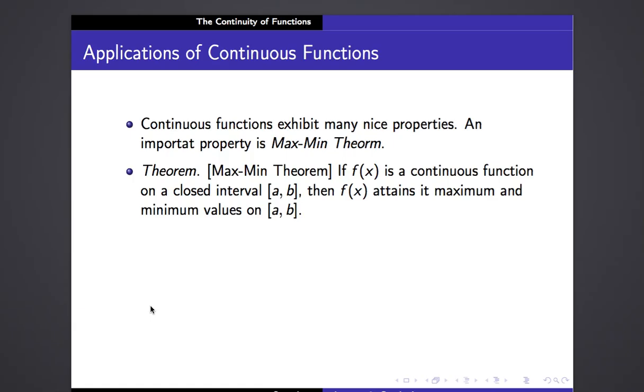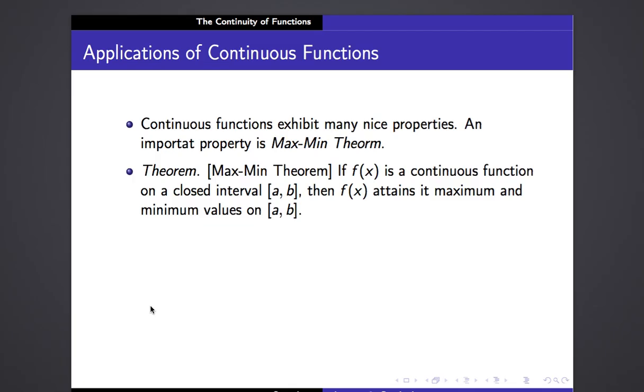In other words, you can always find the maximum value of f of x and the minimum value of f of x on the closed interval AB. That's very important. In general, it is not true. Not necessarily can you find the maximum or minimum value of a function in an interval.